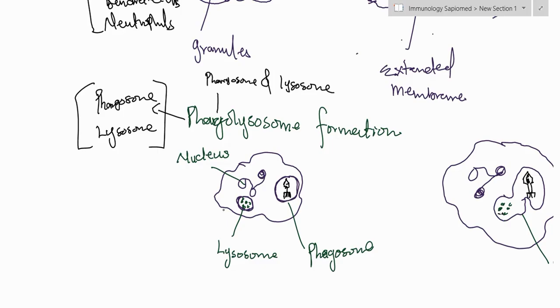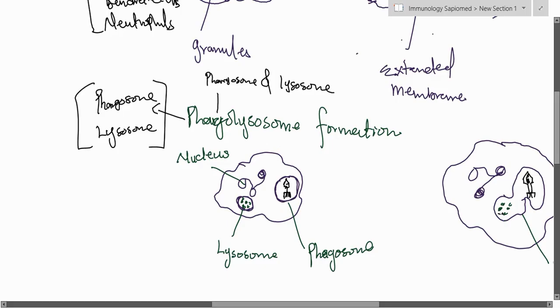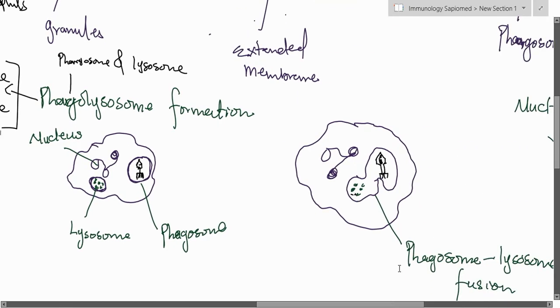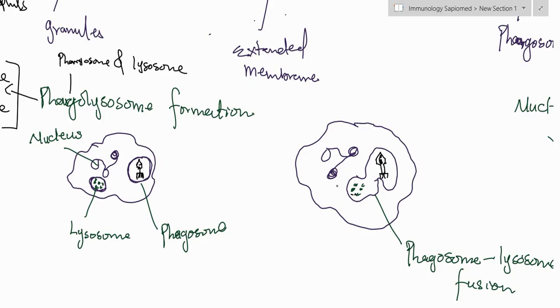So now we have in our cell the phagosome and then the lysosome. Let's see what happens next. The lysosome begins to join its membrane to the phagosome to fuse and form what we call the phagolysosome. So we realize that there is a formation of one particular membrane or one particular entity, and that entity is what we call the phagolysosome.